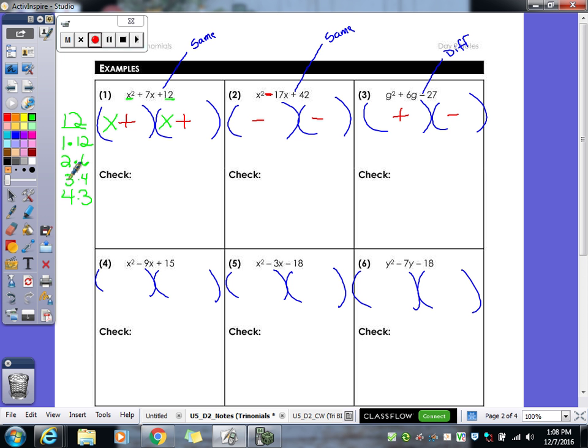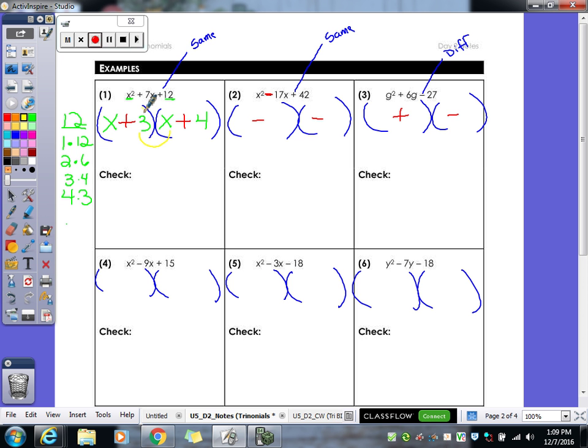Now I'm going to say, all right, what is going to give me a 7 in the middle? 1, 12, 2, 6, 3, 4, or 4, 3. 3 and 4 or 4 and 3, it doesn't matter, either one. So now, I could double distribute this and check it to see if I get that back again. But the easier thing to do is just to do my little smile, big smile.